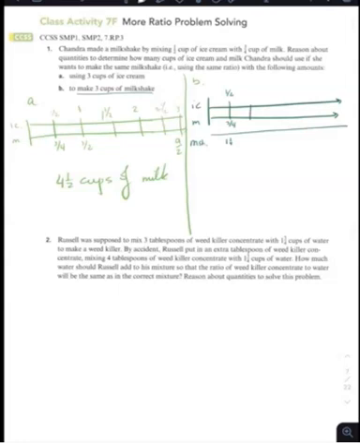So let's try 1 and 6/4, or 3 halves. So this would be 5 halves, or 2.5. Again, not quite 3. How about we try 1.5, and this would be 9/4.